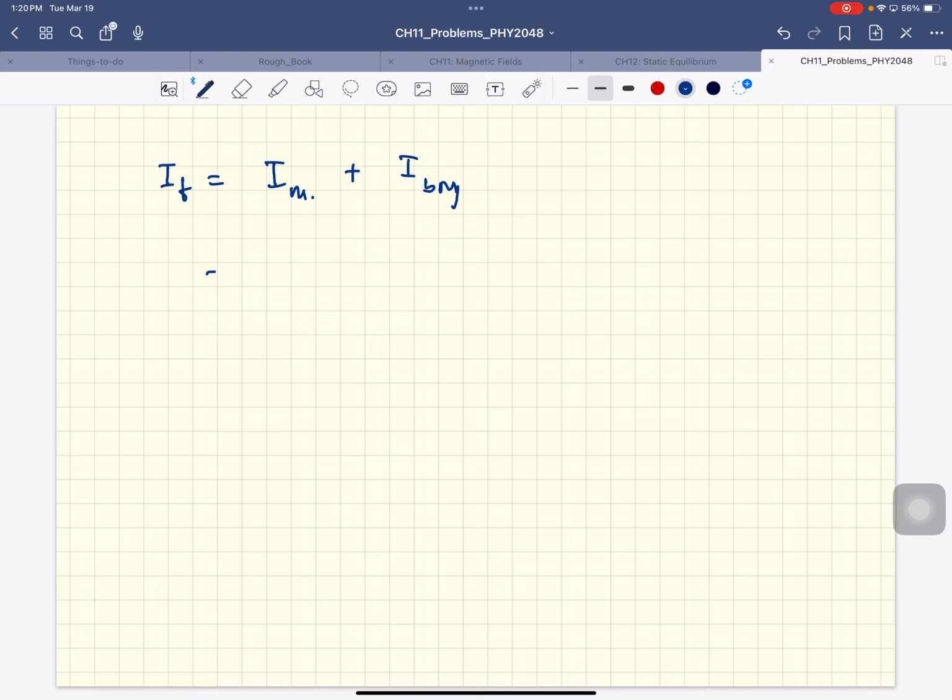The moment of inertia of the merry-go-round was 300 kg meter squared, and the boy is m r squared, because the boy is a point particle at a distance r. So 300 plus 50 times 2 squared, all in kg meter squared. So that's 200, so 500.